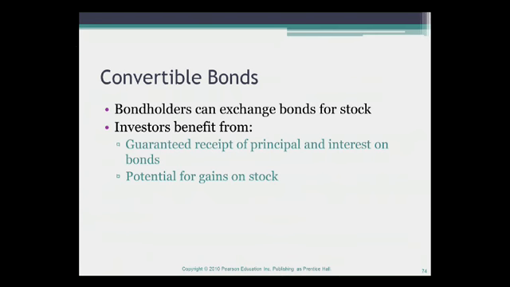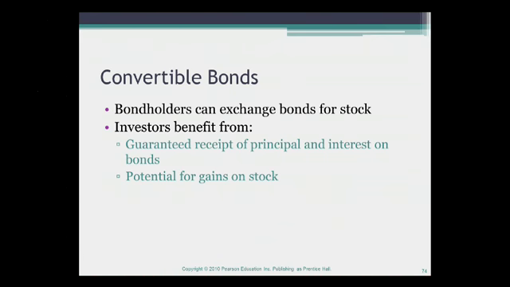A company can also issue what are referred to as convertible bonds. A convertible bond allows the bondholder to exchange their bonds for stock. Why would an investor want to buy a convertible bond? Well, consider again the risks and rewards of buying stocks over buying bonds.